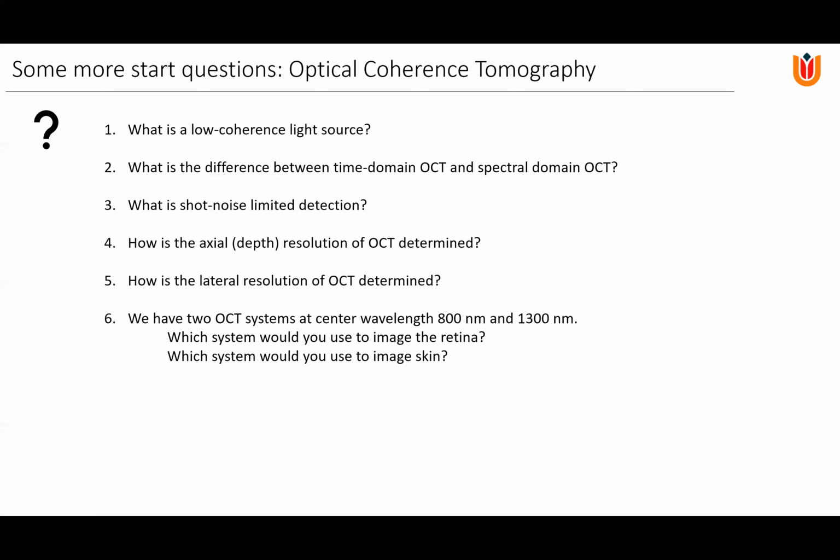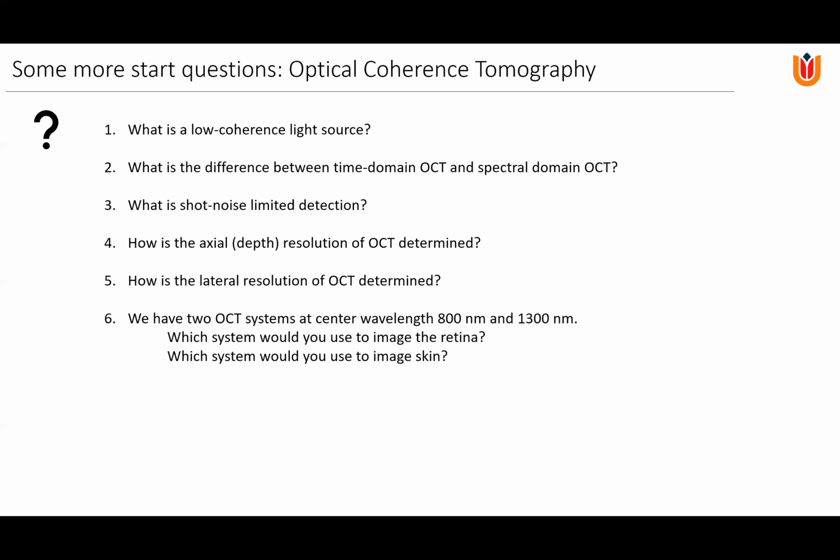And still you would have that shot noise. So shot noise limited detection means that it's basically another term for the best that you can do. Because that shot noise is always going to be there. That is just a physical principle. You cannot defeat it. So yeah, the best you can do.